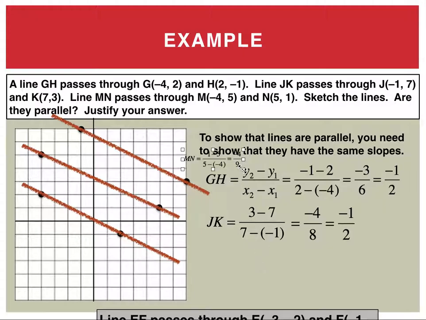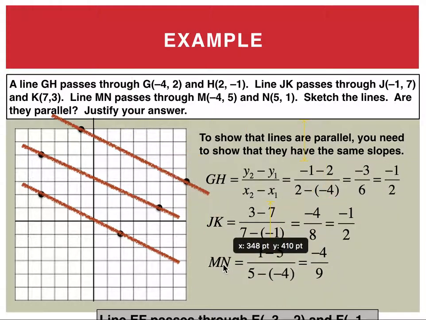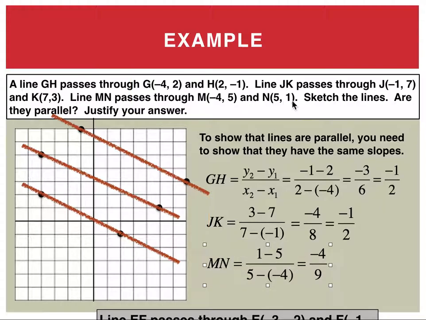Here, 1 minus 5 is negative 4, 5 minus negative 4 is 9.